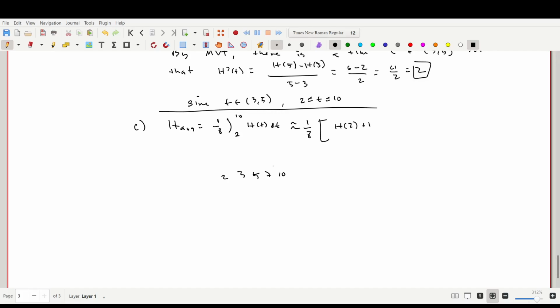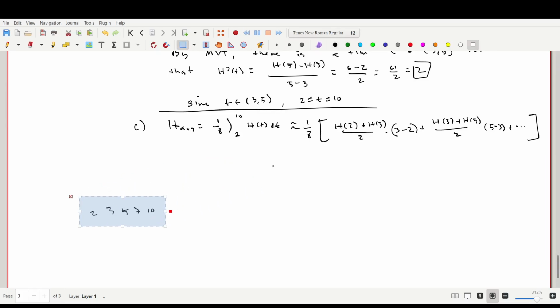H of 2 plus H of 3 over 2 times 3 minus 2, plus H of 3 plus H of 5 over 2 times 5 minus 3, plus and so on. I'm not going to write it out, but they want to see something like that. They probably are okay with other things, but I believe the answer key does literally say that.